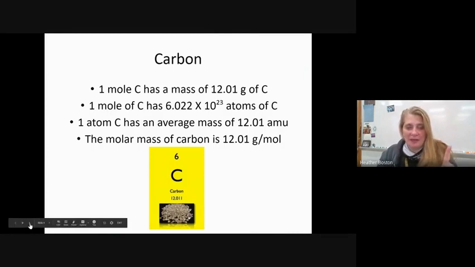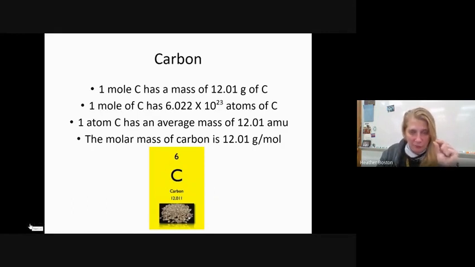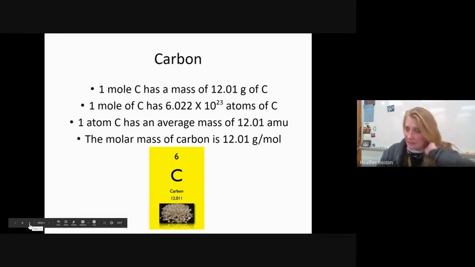So 1 mole has a mass of 12.01 grams. 1 mole has a quantity of 6.022 times 10 to the 23rd atoms of carbon. The average mass of 1 atom is 12.01 AMUs, those super, super tiny units. But if you have lots and lots of atoms, or 6.022 times 10 to the 23rd atoms, you would have a mass of 12.01 grams.